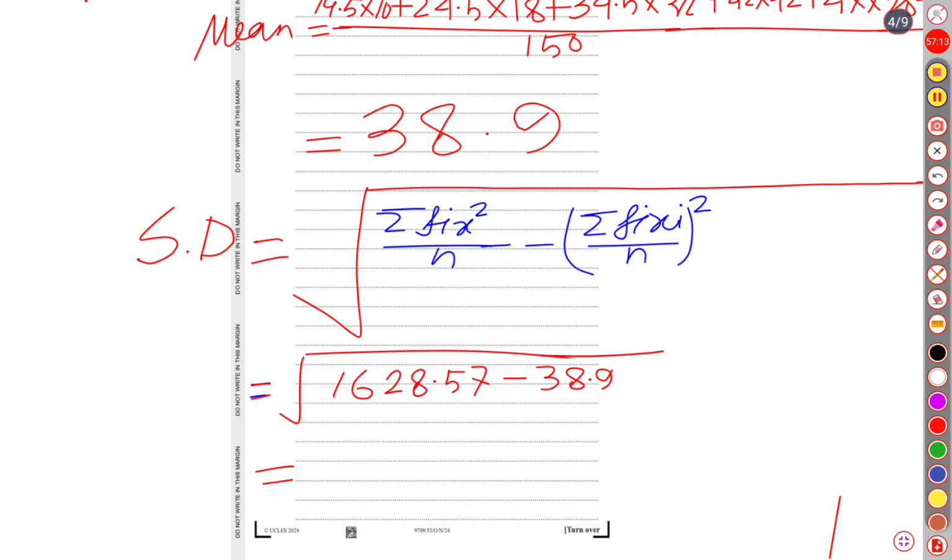We have rounded it to three significant figures. It was actually 38.93, so let us write 38.93 squared.